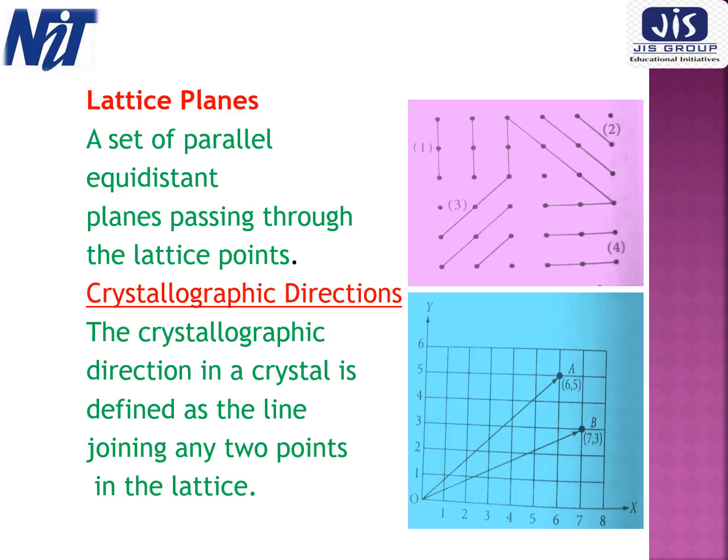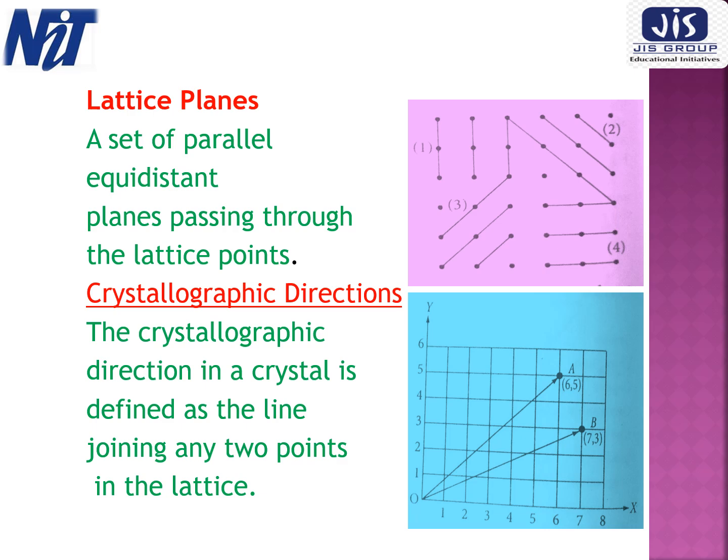Suppose, for example, the atoms determining the plane have coordinates 4, 0, 0 or 0, 1, 0 or 0, 0, 2 relative to the basis vector from some origin, the plane may be specified by 3 numbers 4, 1, 2. But it is more useful and universal for crystal structure analysis to specify the orientation of a plane by another set of 3 numbers, which we will introduce later on.